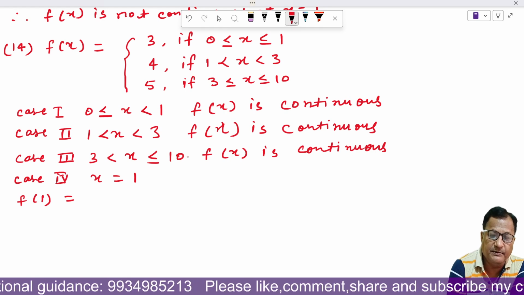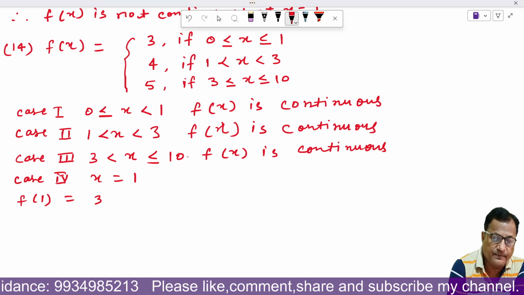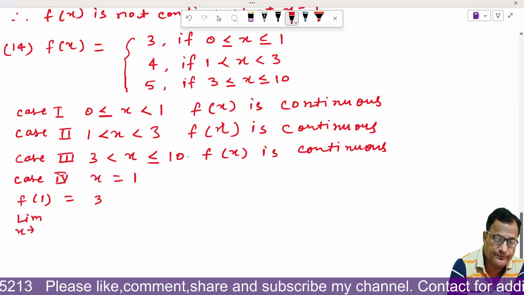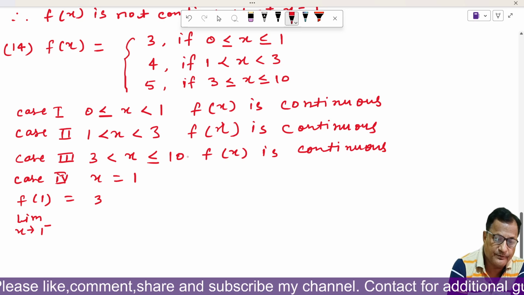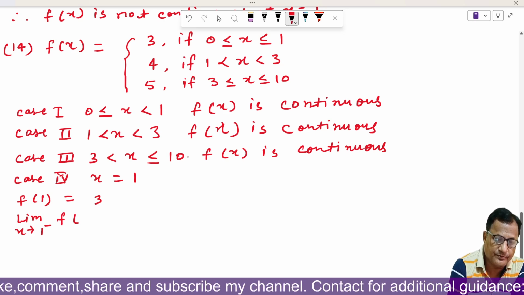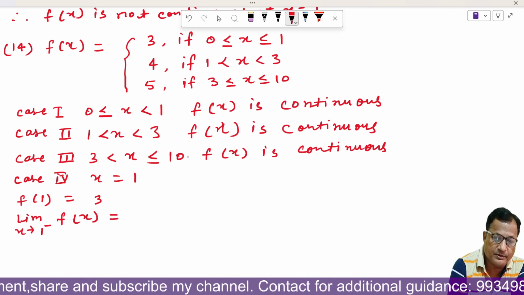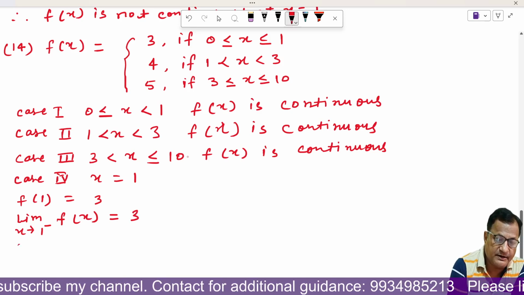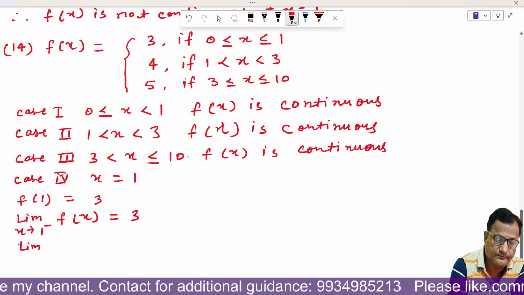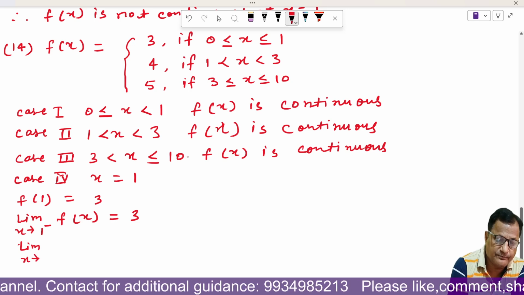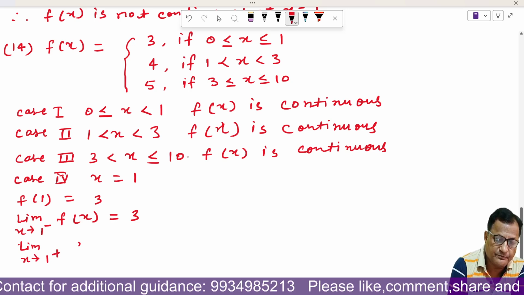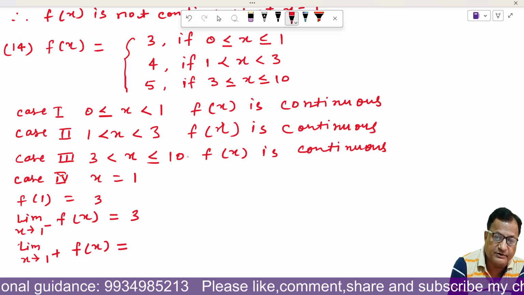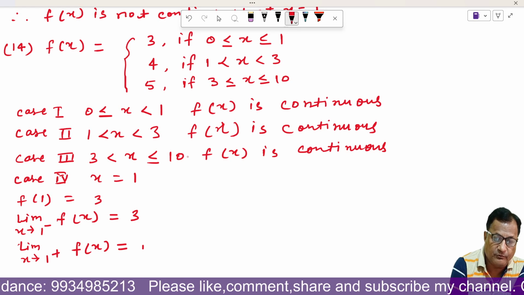So f(1) will be 3, and left hand limit, if it is less than 1, so this will be 3, and right hand limit, greater than 1, so it will be 4.